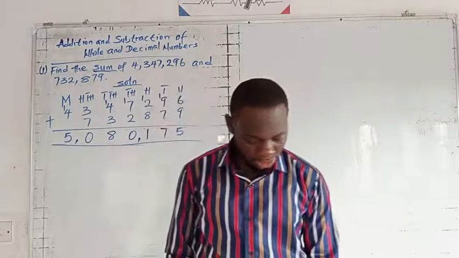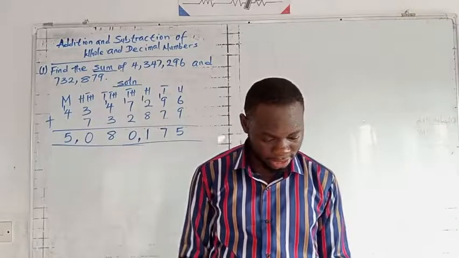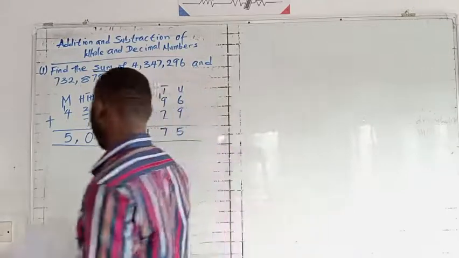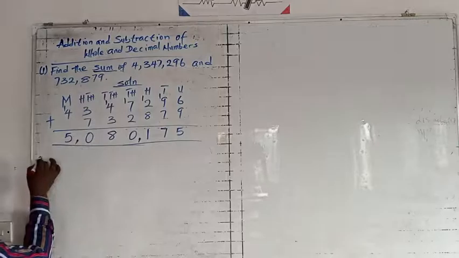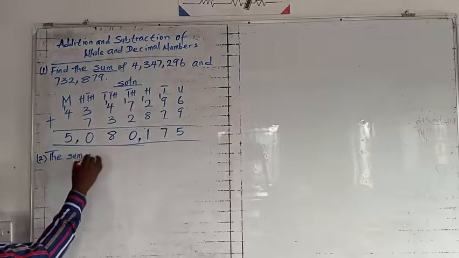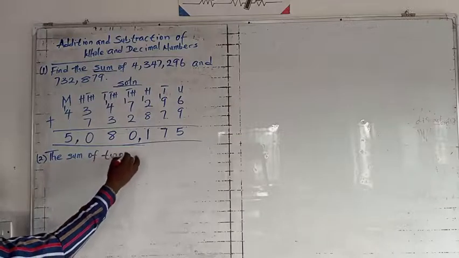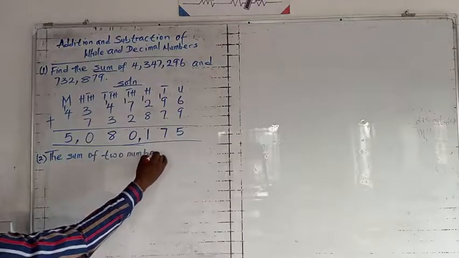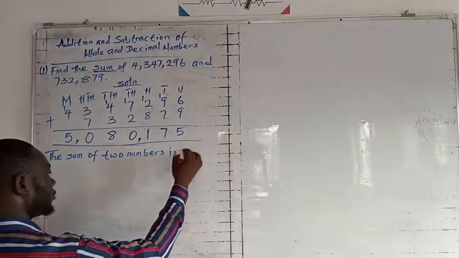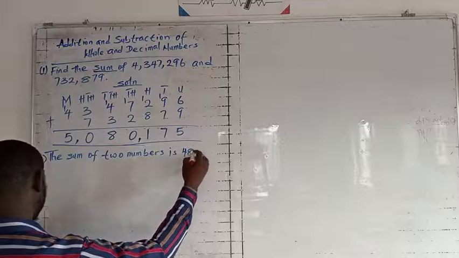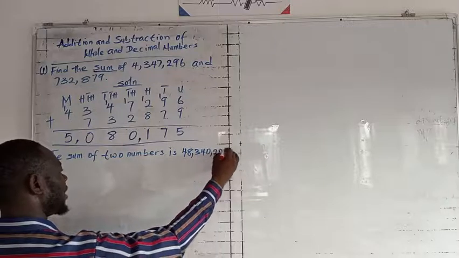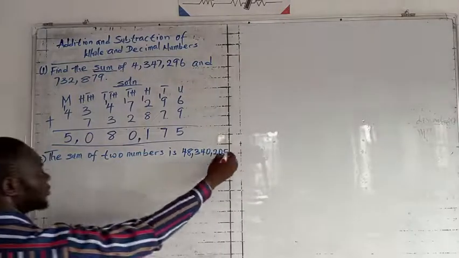Okay. Now let's look at this next question. Let me write it out. Question number 2. It says: the sum of two numbers is 48,340,205.